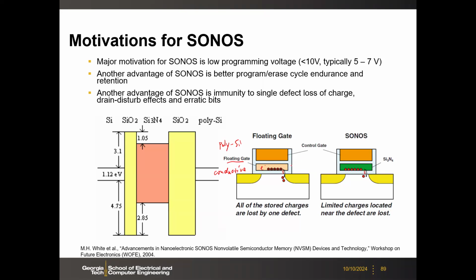The electrons are movable. Or in other words, if you have some leakage paths here, then all the electrons may move one by one, and eventually all of them may get lost.